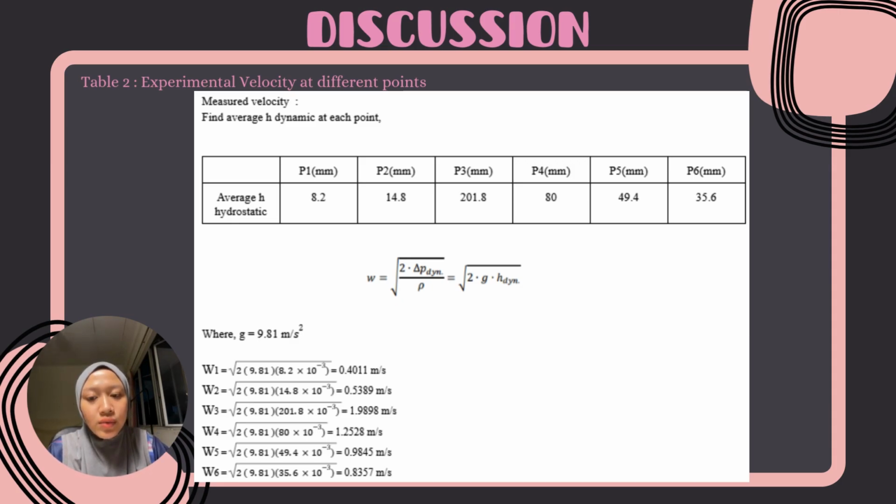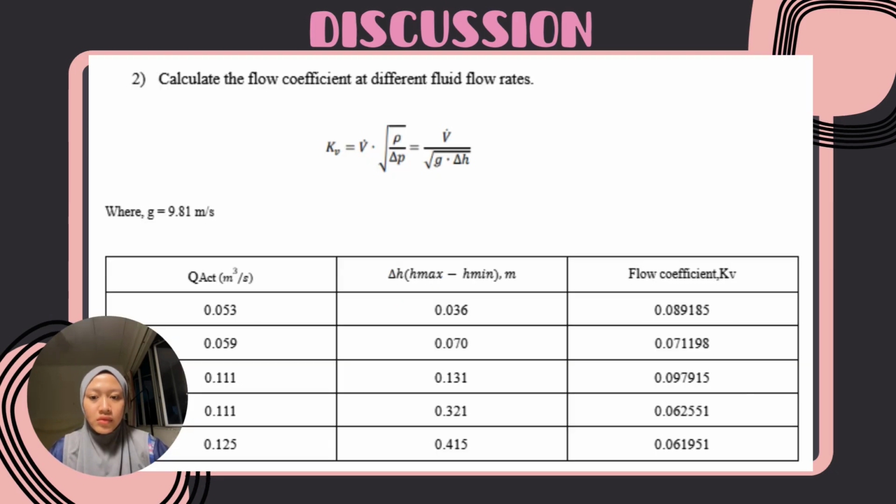The second one is experimental velocity at different points. This is the table of average hydrostatic head, and then we use the formula to calculate the velocity. Next, for discussion question 2, calculate the flow coefficient at different flow rates.